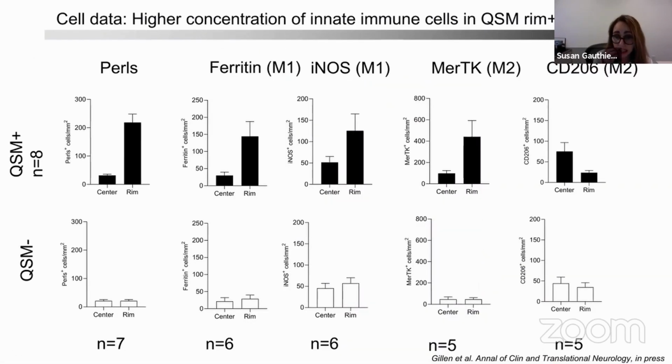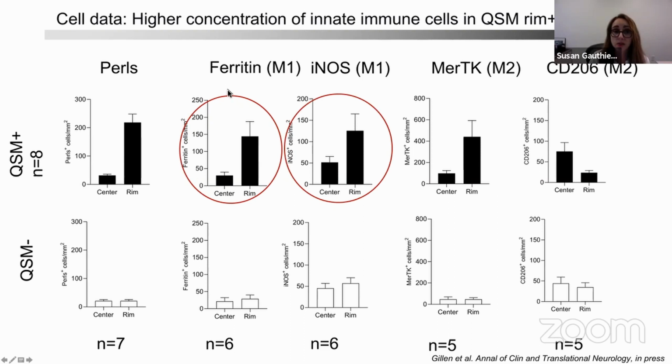A more recent study was an in vitro study where we wanted to demonstrate that these inflammatory cells present at the rims actually have markers of activity. In these rim-positive lesions, we demonstrated markers of M1, ferritin and iNOS, as well as M2. These are markers of inflammation of the microglia. So the microglia are not dormant, they're there and they're active.